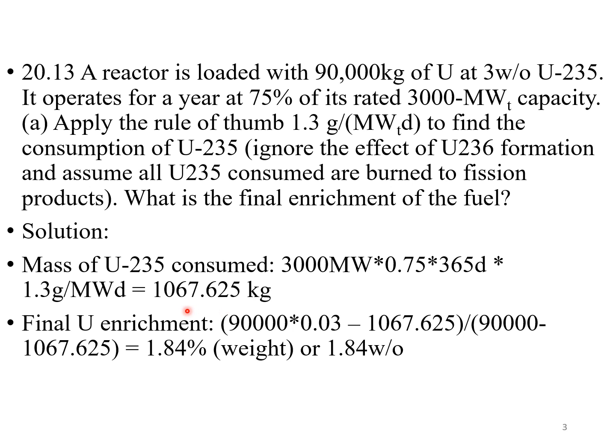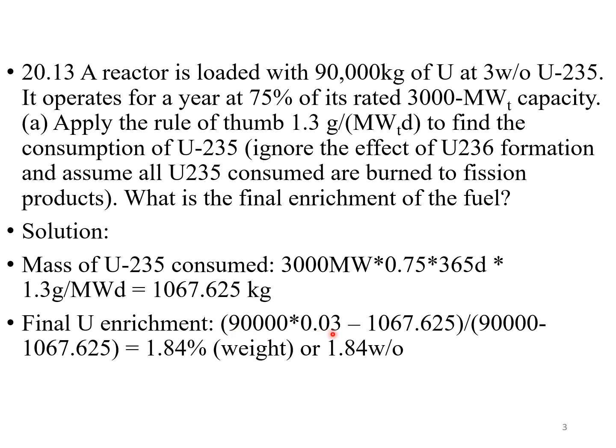Okay. Next, what is the final enrichment of this fuel? The enrichment definition is the uranium-235 mass over total uranium mass. In the numerator, we need to calculate the final mass of uranium-235.